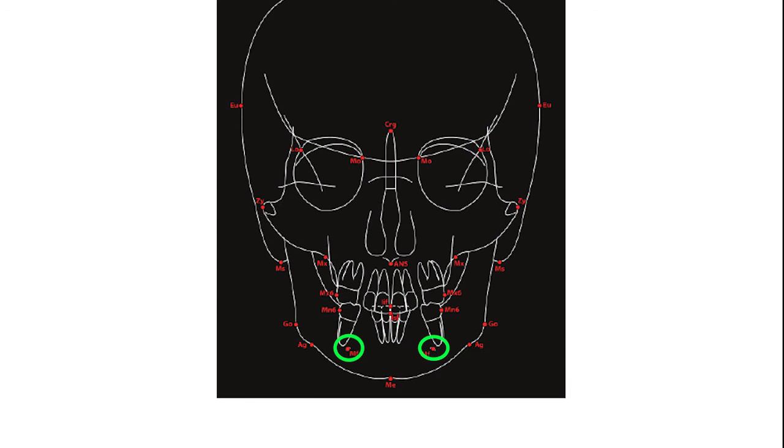Mental foramen, MF. The MF is the center of the mental foramen. Gonion, GO. The gonion is the most inferior, posterior, and lateral point at the angle of the mandible. Antegonion, AG. The AG is the most superior point in the antegonial arch.